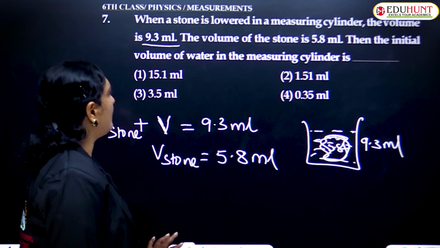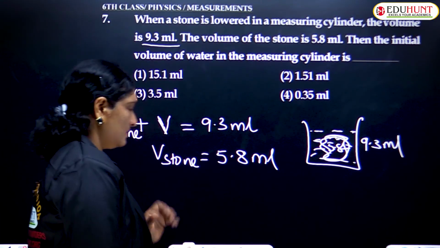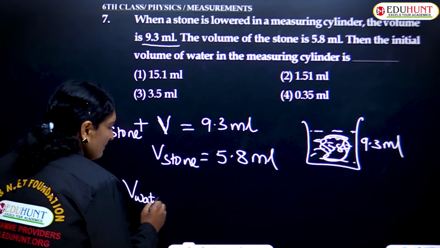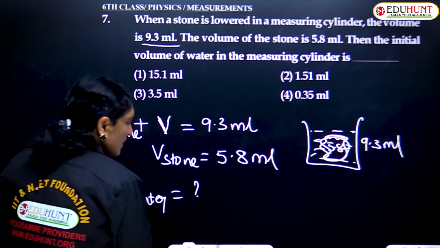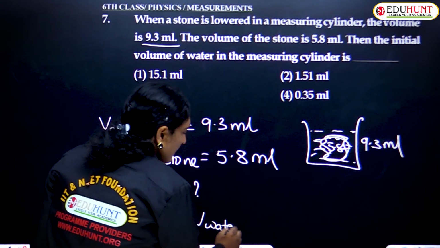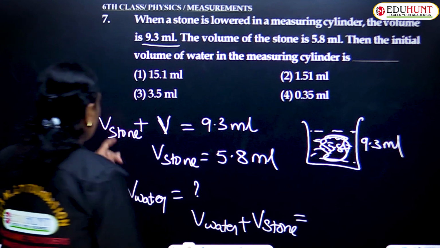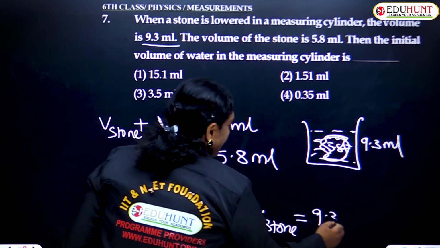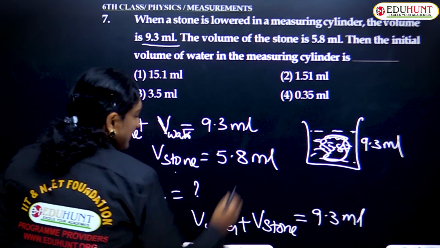You are asked to find the initial volume of water, only the water. What you are given is that water plus volume of stone is equal to 9.3 ml, and the volume of stone is 5.8 ml.